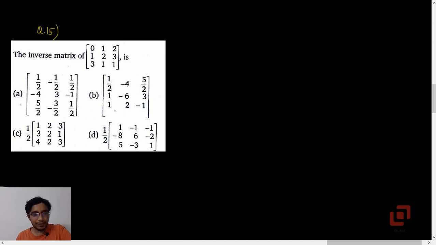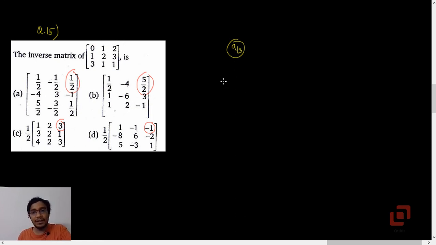If you observe the options, A13 is different for all 4 options, correct? Which means if we just manage to find that element of the inverse, that is going to do the job for us, right?